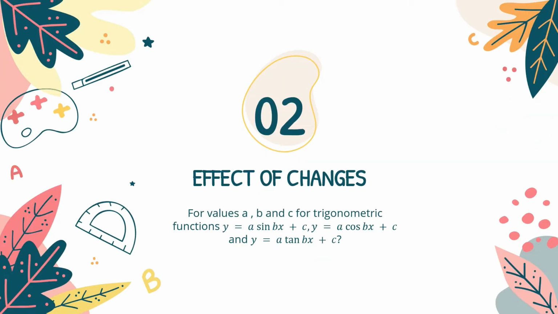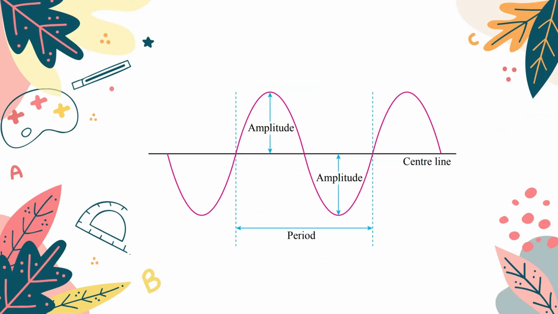Alright, so the effects of changes. Before that, we have to know the two terms that we are going to use in describing the effects of changes, which are amplitude and period. So amplitude tu apa? Amplitude dalam bahasa Melayu pun amplitude, ialah julat di antara centerline atau garisan keseimbangan dengan nilai maksimum dan nilai minimum. So amplitude is the range from the centerline to the maximum and minimum values.